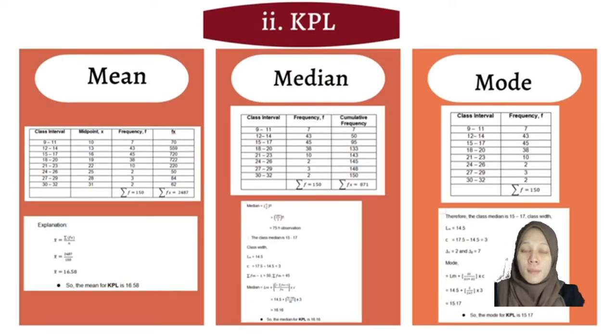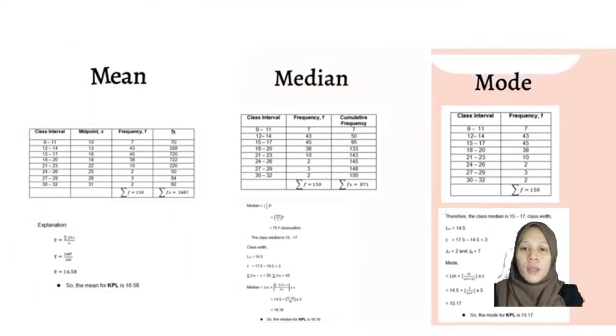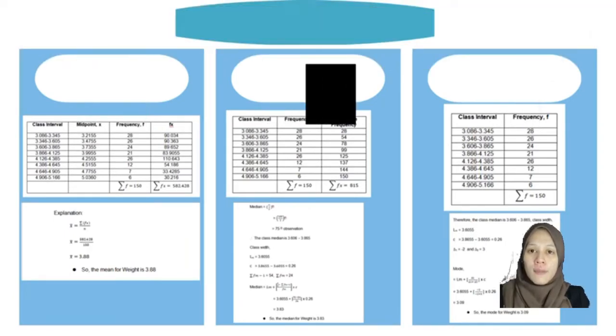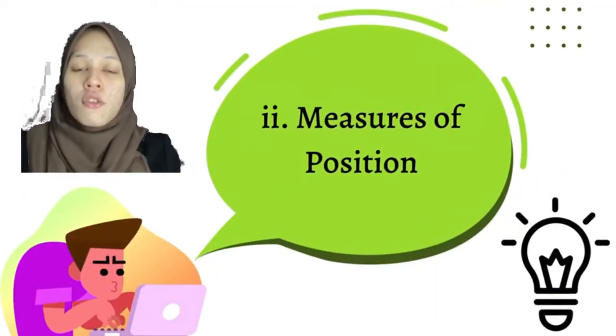The mean for KPL is 16.58 and the median for KPL is 16.16 and we got 15.17 as the mode for KPL. The last one is weight group. The mean we got is 3.88 and the median is 3.83 and the mode for weight is 3.09.